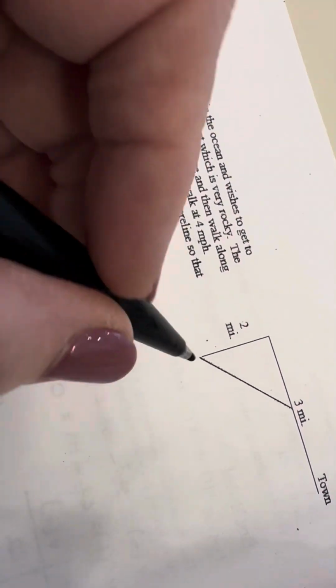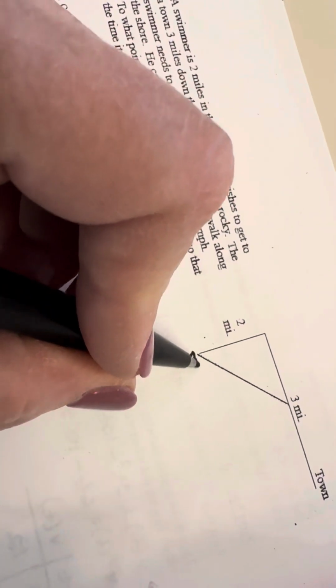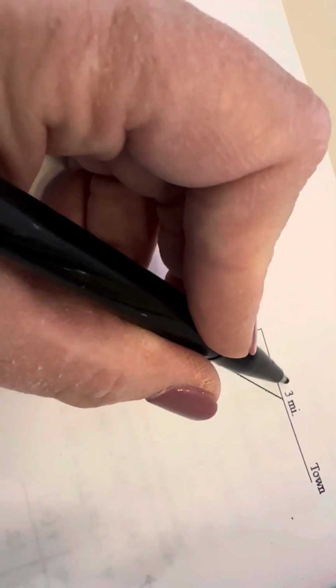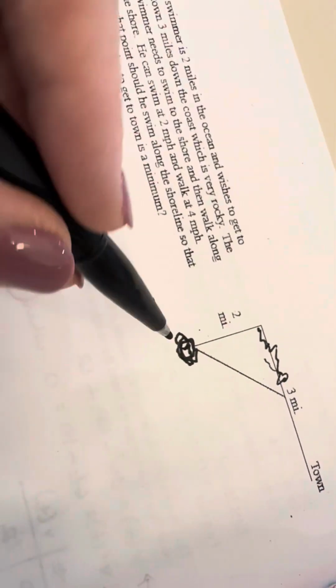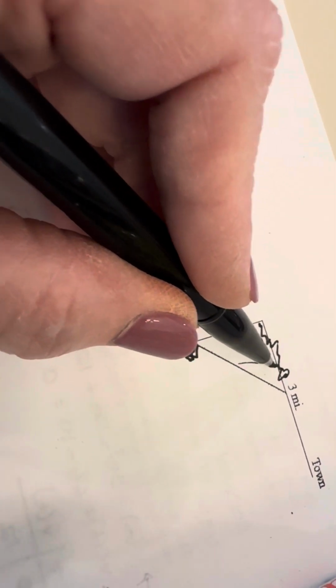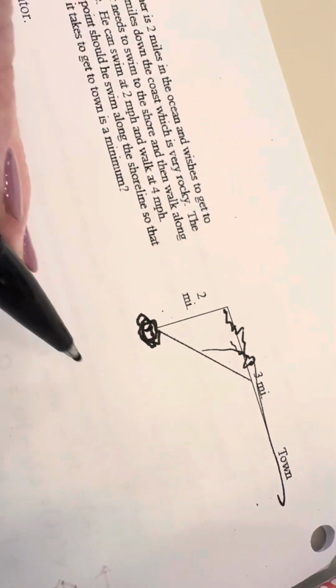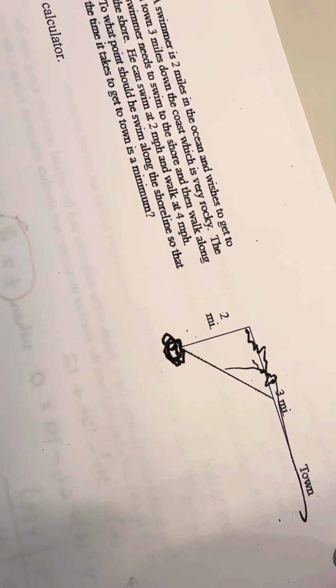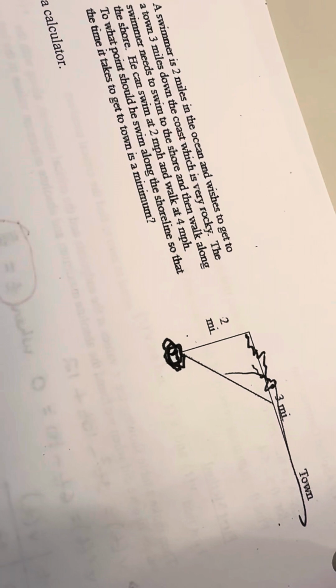So remember, the first thing you do is decide what you're maximizing or minimizing. So we are trying to figure out time. The swimmer is here out in the water, and this is the rocky shoreline. He's going to swim either here and then go, or swim farther down, and that's what we're trying to decide. So we need some variables.